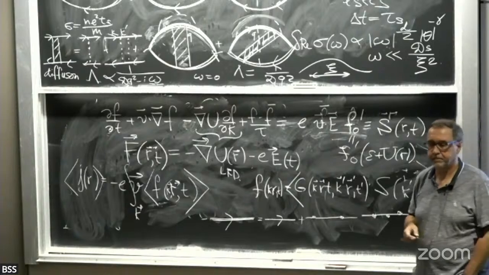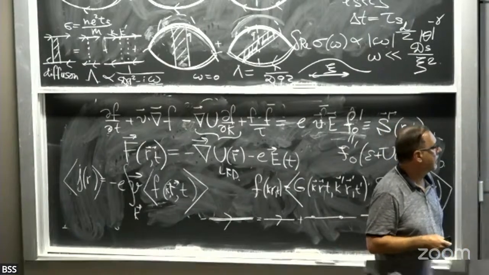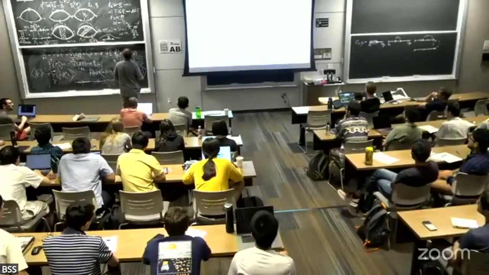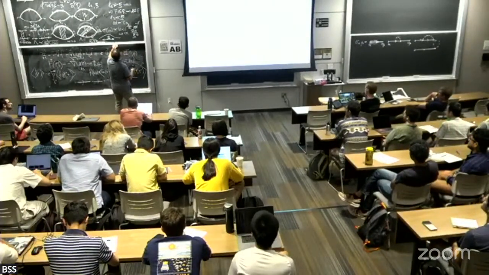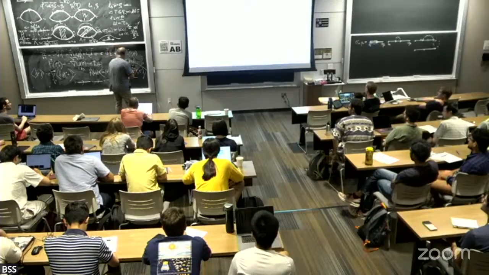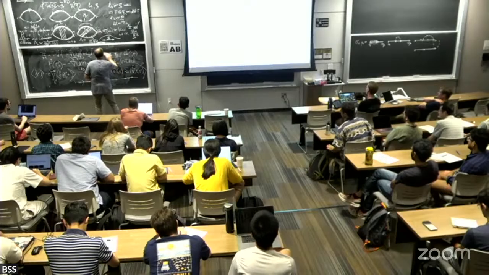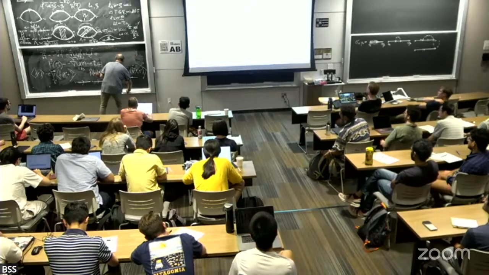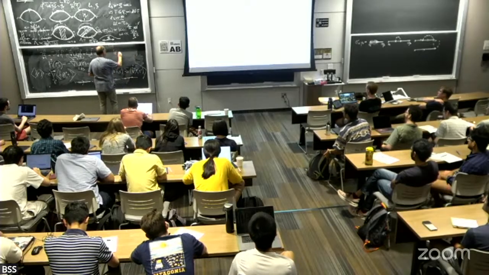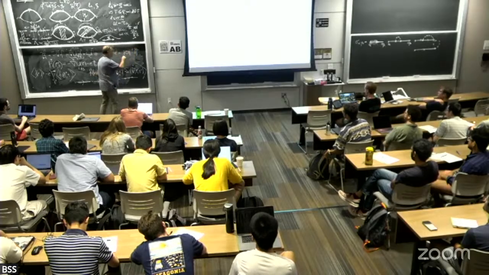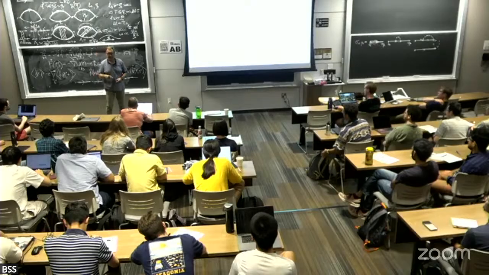Yes. How do you explain that last slide? How do I explain this last slide? Well, so according to our understanding, the diffusive anomaly has a cusp in the resistivity. That means that the scattering rate has a cusp.